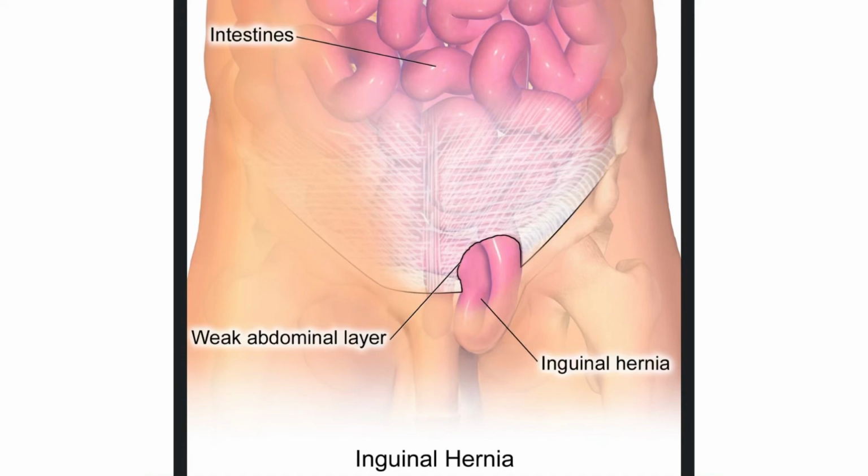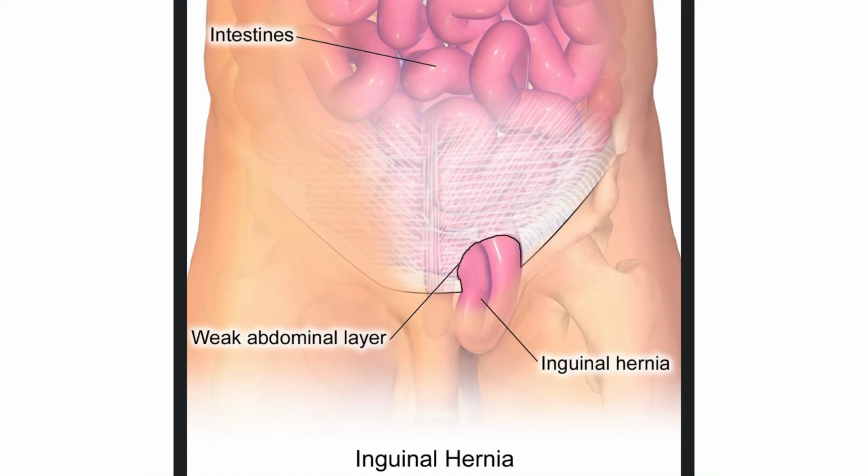Now, indirect inguinal hernia occurs when a portion of the intestine or the abdominal tissue pushes through a weak spot in the abdominal wall at the inguinal canal. In males, the hernia can extend down into the scrotum, while in females, it may pass into the labia. It is called indirect because it follows this natural passage rather than pushing directly through the abdominal wall.